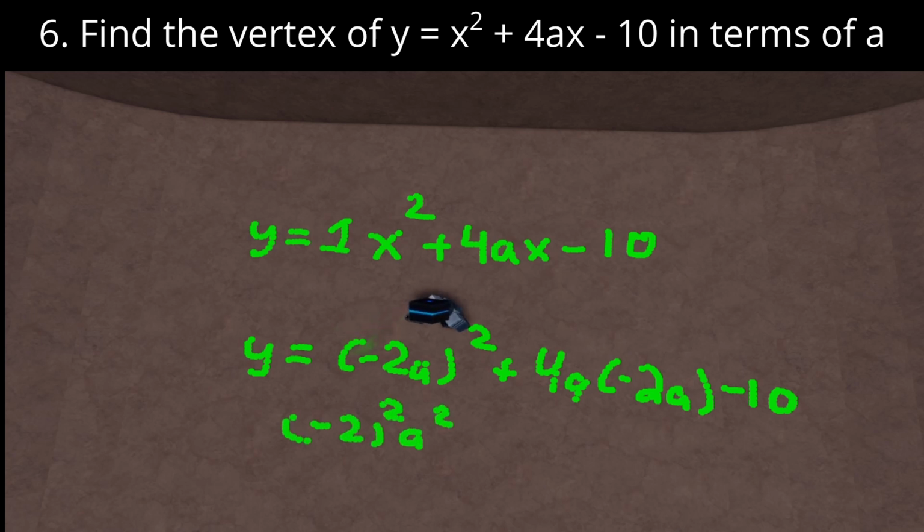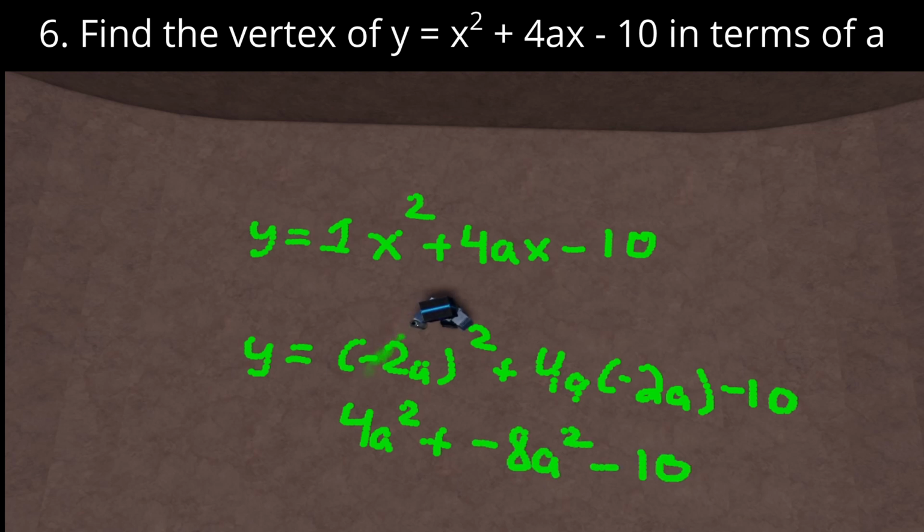And minus 2 squared is just positive 4 because the minuses cancel. So you have 4a squared plus, and then 4a times minus 2a is just negative 8a squared. And then you have a minus 10. And then 4a squared plus negative 8a squared, that's just minus 4a squared. So this is our y-coordinate.